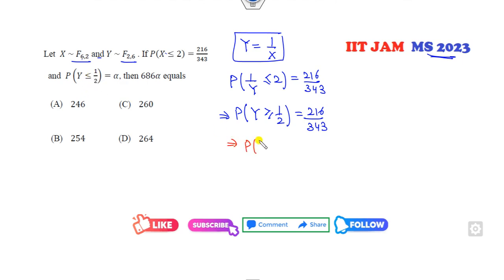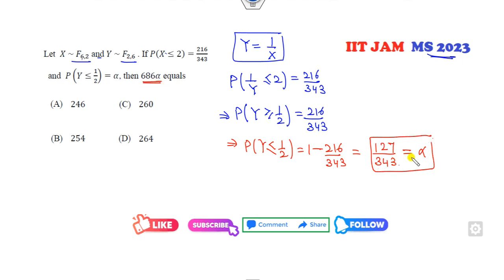How do I find it? I can subtract it, 1 minus 216 over 343. So what is that? It's 127 over 343. Now this is my alpha, then your target is 686. If you multiply by 686, 343 will be cancelled out into 127. So 254 is the right answer.